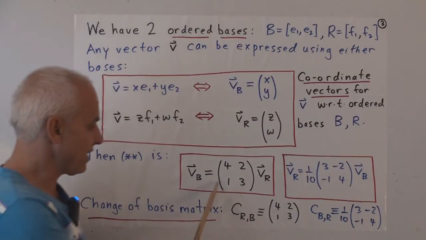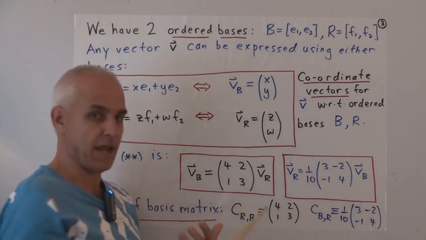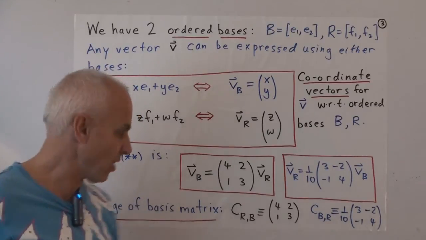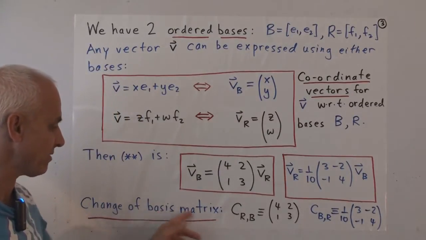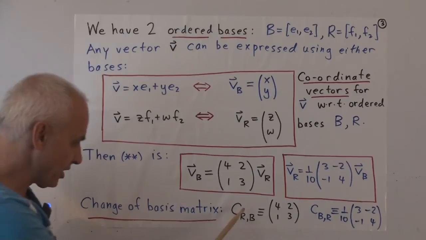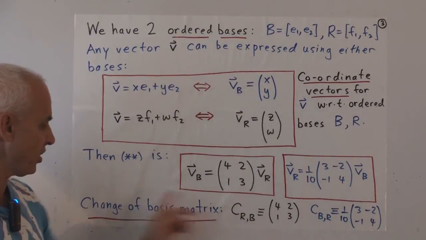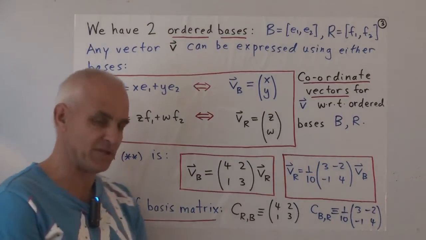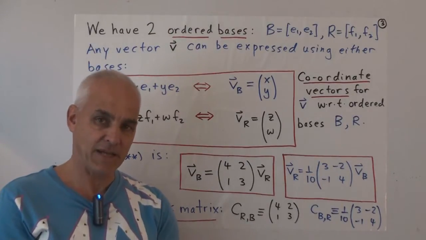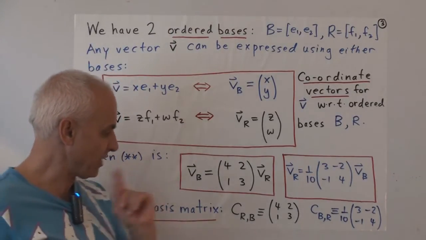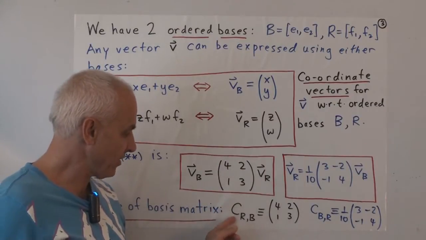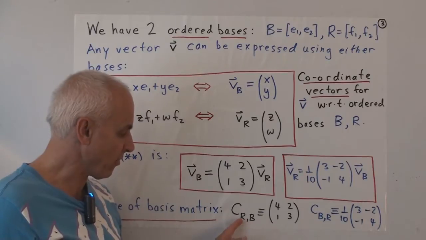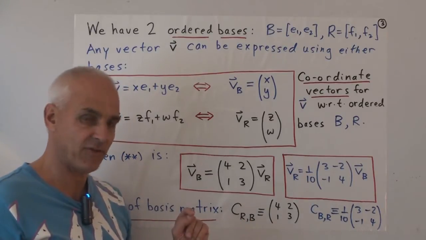And let's give this matrix a name, because it's really helping us change basis. So we'll call it a change of basis matrix, and we'll usually use C for it, for change. And we'll put little subscripts under there when needed to clarify to ourselves that this matrix here is helping us go from Rachel's basis to Bob's basis.